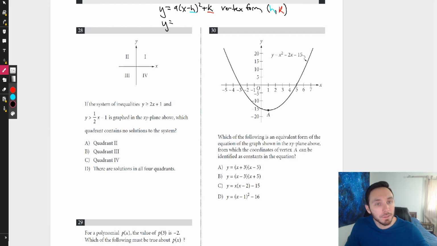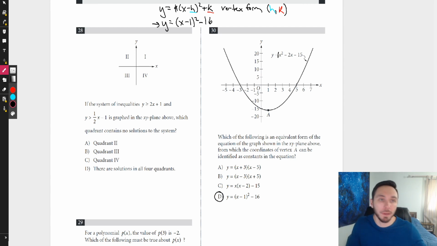So y is equal to, well, we had an a value of 1 already, (x minus 1) squared, and we had a k value of 16. It was a -16 though, right? So this is choice D.